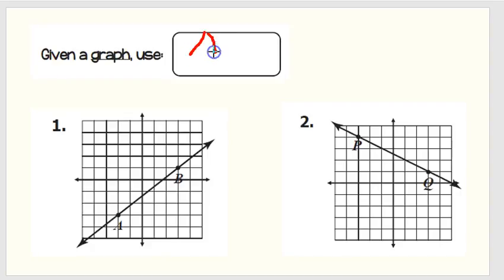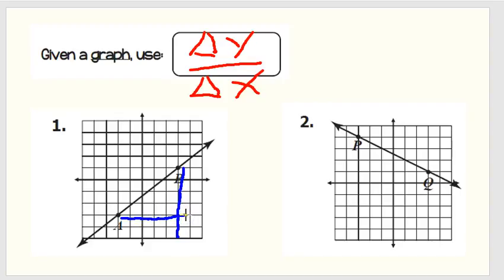The little delta sign, the little triangle, means the change in y over the change in x. So how we look at that on the graph is this: take your point, your second point, or any point on that line, and you go straight down. Then you find your second point and you go straight over.